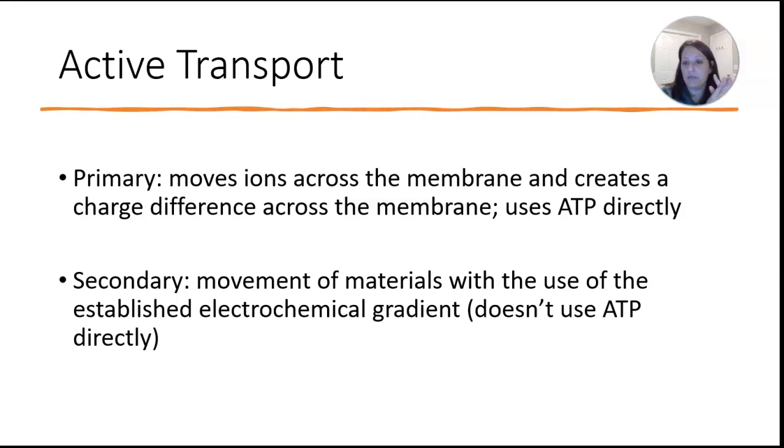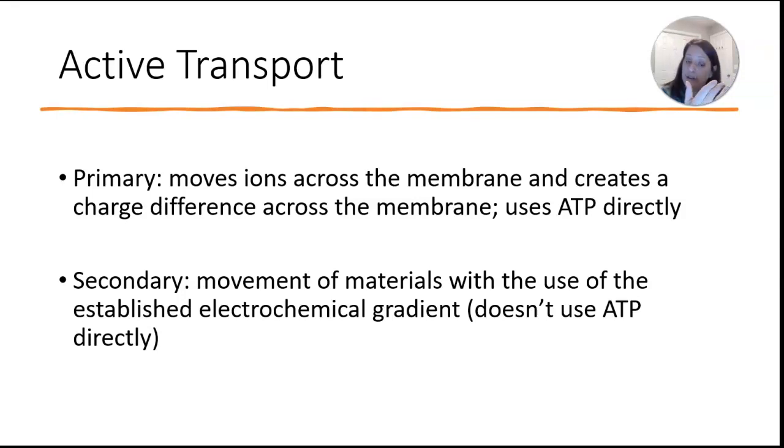And primary active transport sets up a gradient and it sets up a charge difference across the membrane. Primary active transport, remember again, uses ATP directly. So I've already showed you this, right? The sodium-potassium pump is an example of primary active transport.